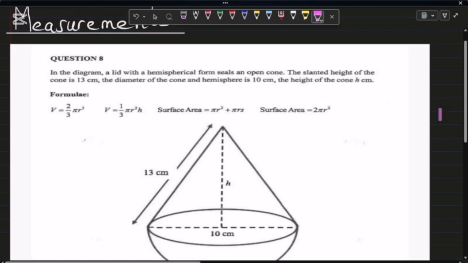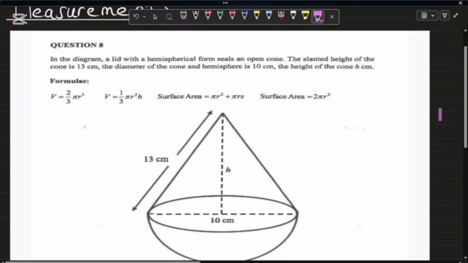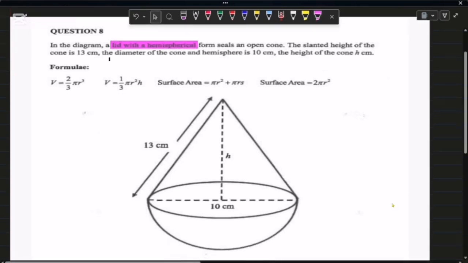Question 8 says that in the diagram, a lid with a hemisphere form seals an open cone.